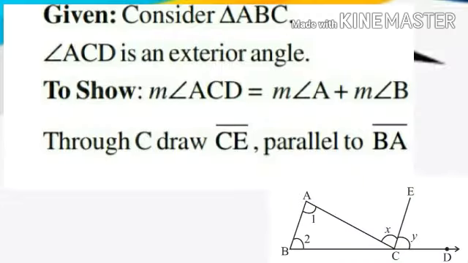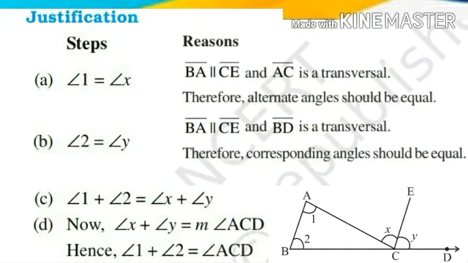Consider triangle ABC. Angle ACD is an exterior angle. To show measure of angle ACD is equal to measure of angle A plus measure of angle B. Through C, draw CE parallel to BA. Now, justification.